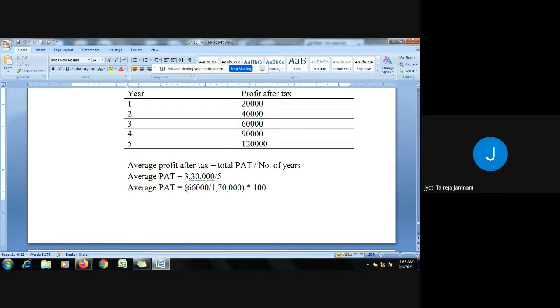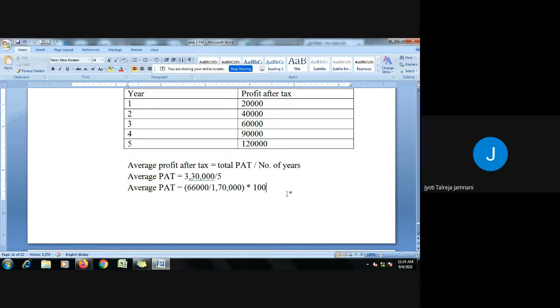Sorry for the disturbance. So we'll do the average profit after tax divided by the average investment, which I've taken as the initial investment only. The reason being there is no scrap value given, so we are not finding the average of it. If we find the average of it, we'll simply do 1,70,000 divided by 2, which will make the investment half. So we are not doing that.